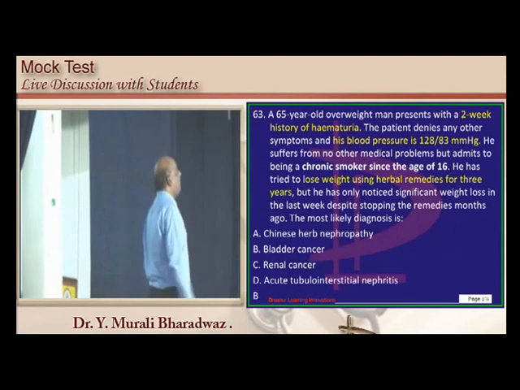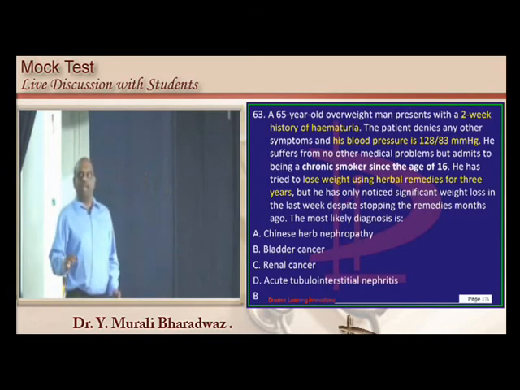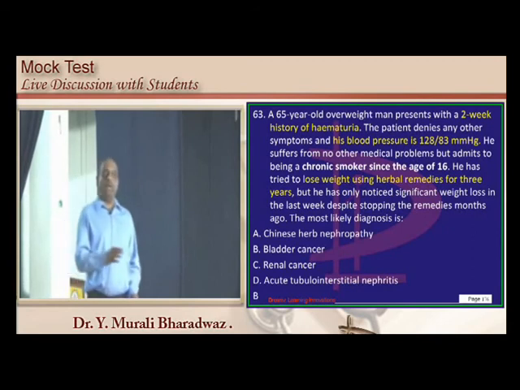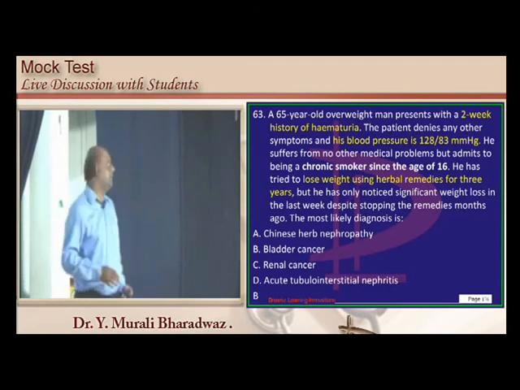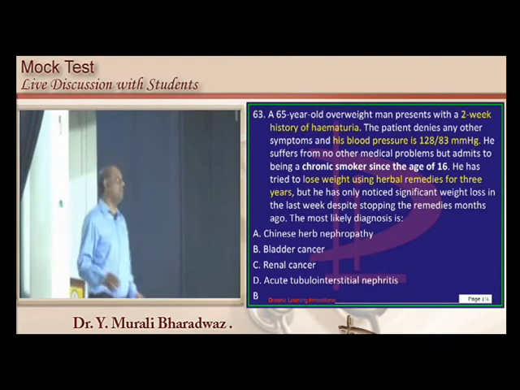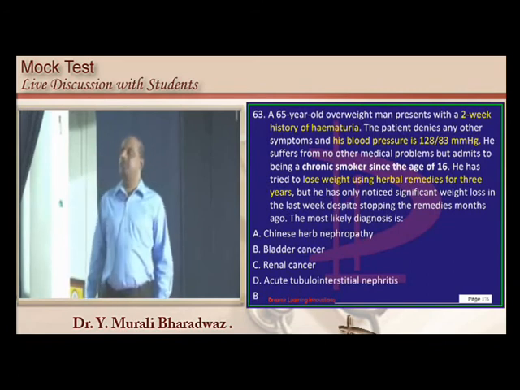Now a 65-year-old with hematuria with a BP of 128/83, and he had been a smoker since the age of 16, and he received herbal remedies and lost weight, and he has noticed that there is weight loss in the last 1 week in spite of stopping the remedies. What is the most likely cause?